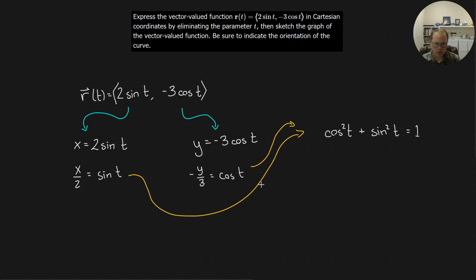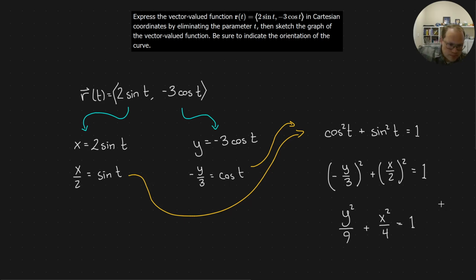Okay, so cosine squared of t, cosine of t is negative y over 3, so I get negative y over 3 squared plus sine squared of t. Sine of t is x over 2, so x over 2 squared equals 1. So I get y squared over 9 plus x squared over 4 equals 1.